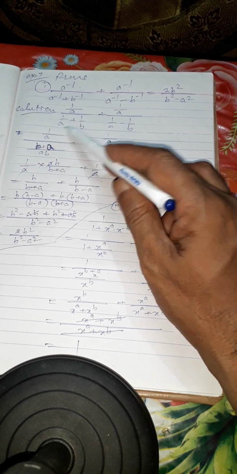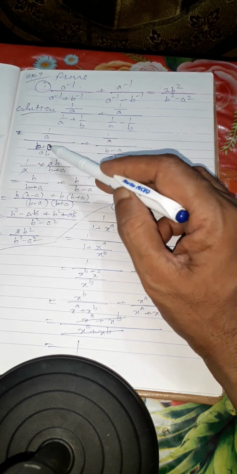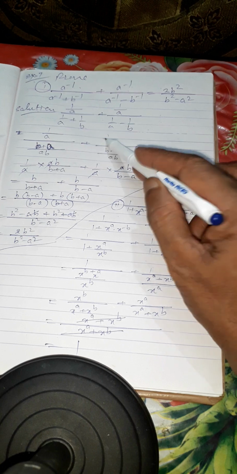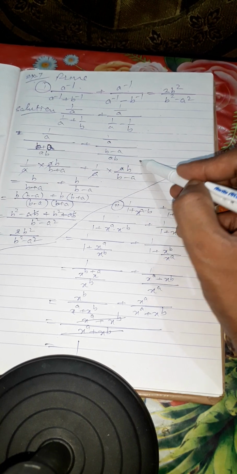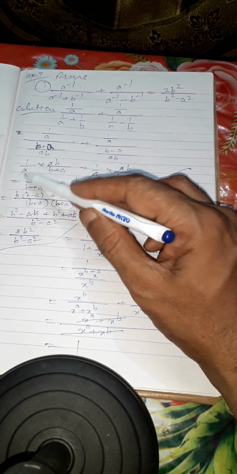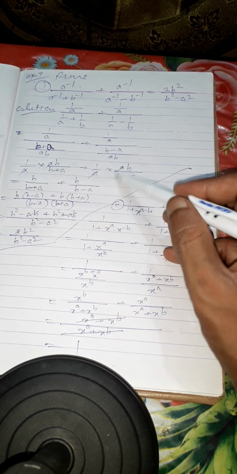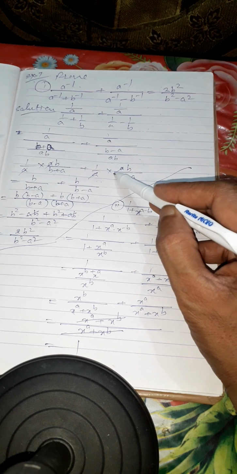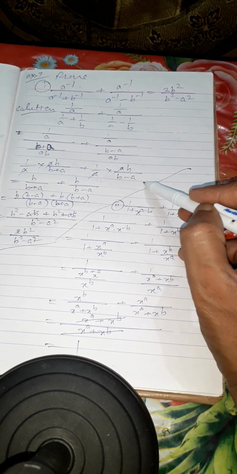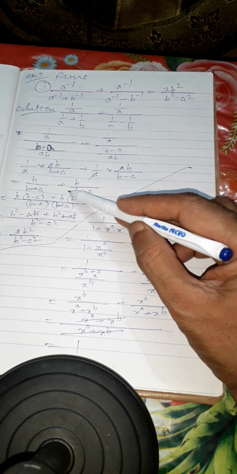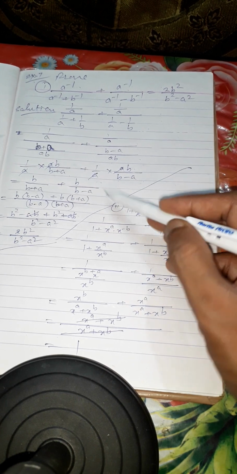Taking the LCM of a, b, it is b plus a. Here also we take the LCM ab, it is b minus a. Take the reciprocal: 1 upon a into ab upon b plus a, a cancelled. Here also 1 upon a into ab upon b minus a, a cancelled, b upon b plus a, b upon b minus a.